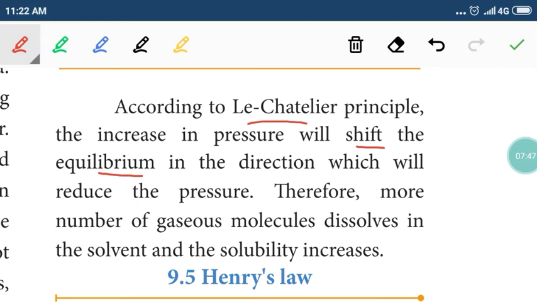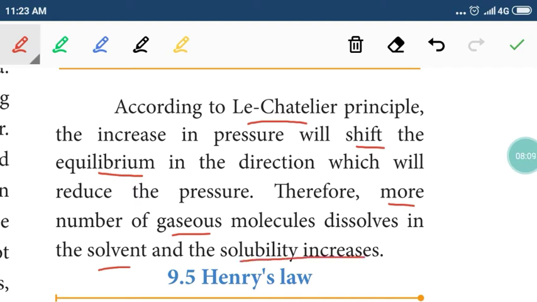Forward side means more gaseous molecules will be dissolved in the solvent. So increase of pressure increases solubility.